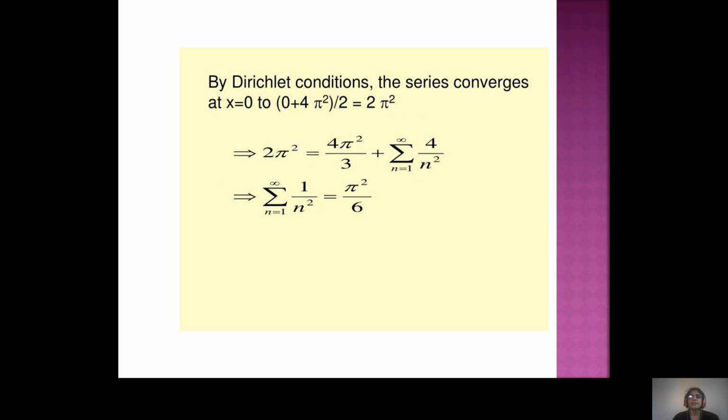So by Dirichlet conditions, the series converges to f of 0 plus f of 2 pi by 2, which is 4 pi square by 2, equal to 2 pi square. So 2 pi square is equal to 4 pi square by 3 plus summation of n equal to 1 to infinity 4 by n square. So summation of n equal to 1 to infinity 1 by n square is equal to pi square by 6. That we have to prove.